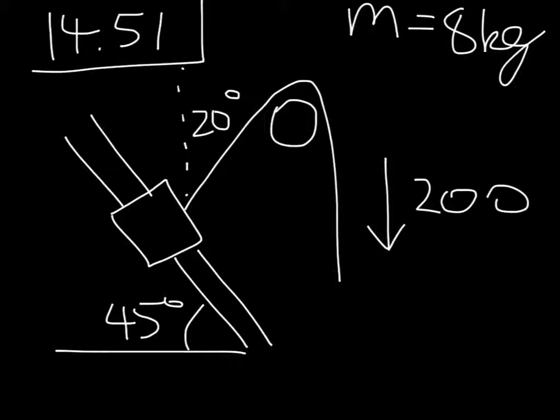So in problem 14.51, you're given a collar that's around a bar at an angle of 45 degrees that is affected by a force of a rope pulling downwards at 200 newtons. Initially this is at 20 degrees.